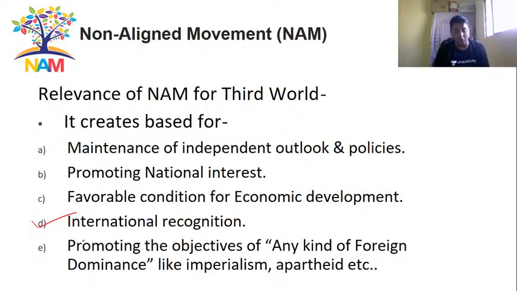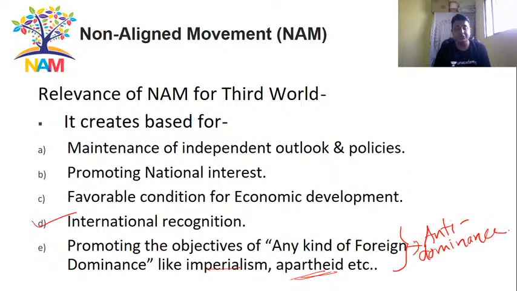Next, promoting the objectives against any kind of foreign dominance, like imperialism, apartheid, etc. Basically, this everything is anti-dominance.